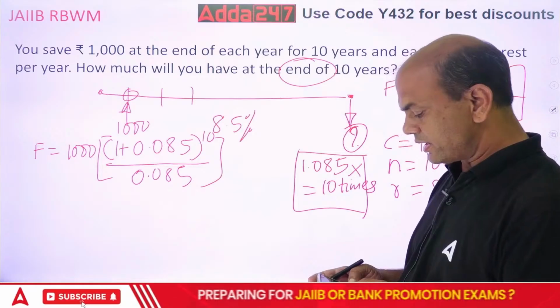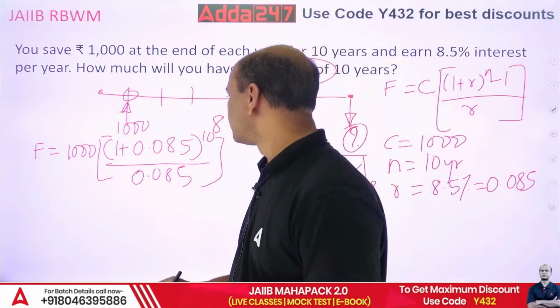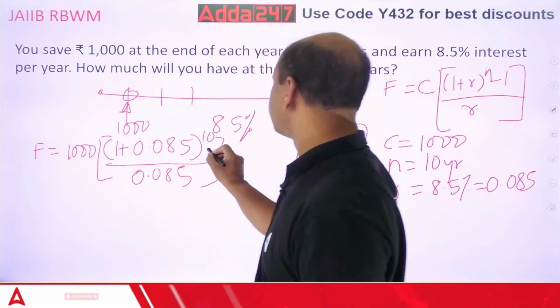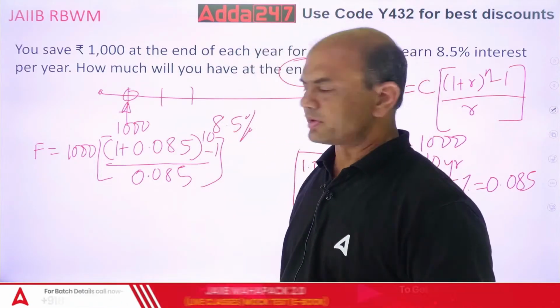So what are you getting? Are you getting this answer as minus 1? Minus 1, did I write it? This was remaining. Correct, minus 1 was remaining.